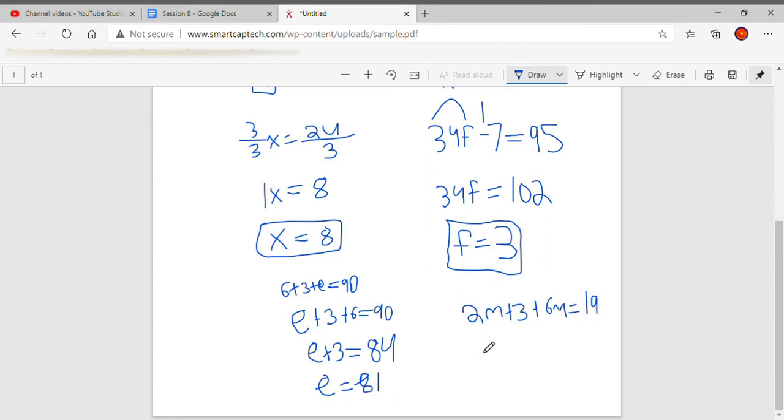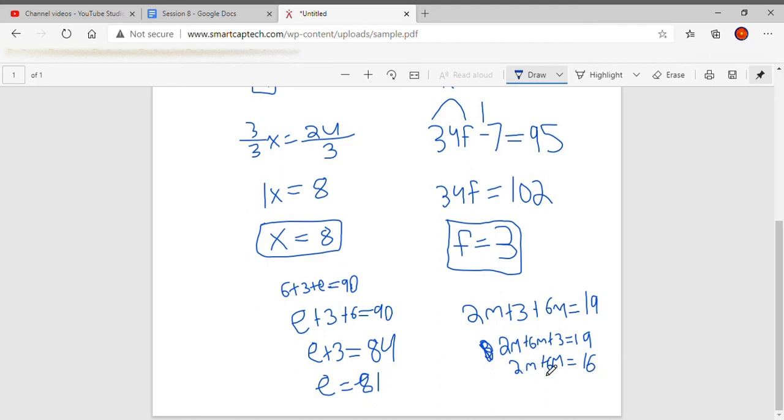I want 3 to be on the most right, so we can get rid of it easily: 2m plus 6m plus 3 equals 19. Before we combine the like terms, let's get rid of this 3 using subtraction. 19 minus 3 equals 16, so 2m plus 6m equals 16.